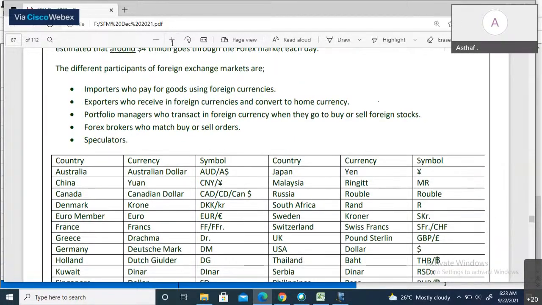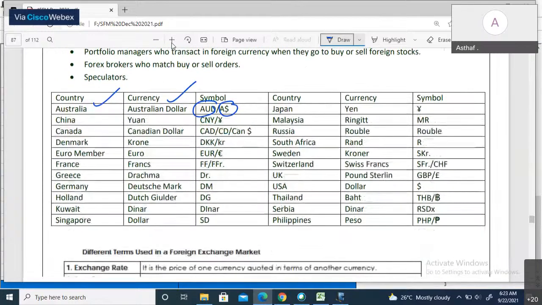In Australia, the currency is the Australian dollar, generally expressed as AUD or A dollar. This is general knowledge you should know. It will not come in the study material; they will not teach you that much.